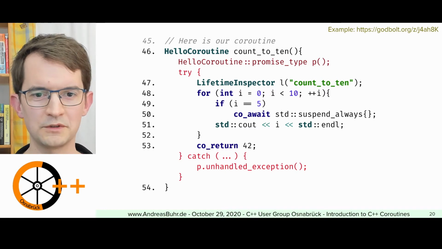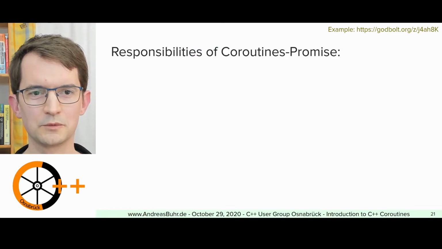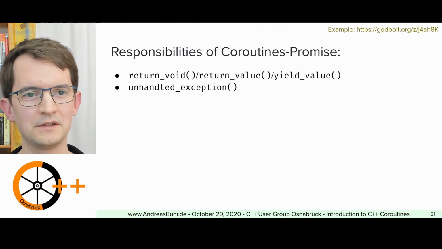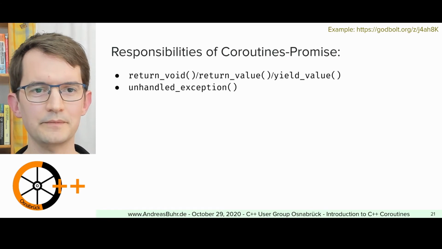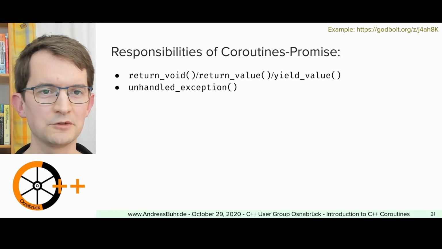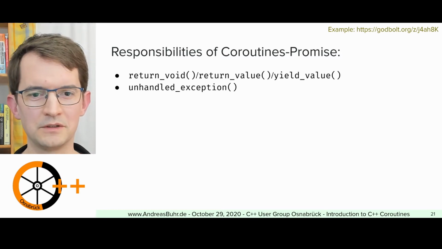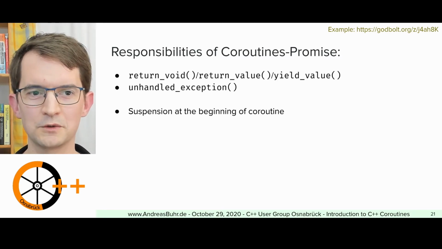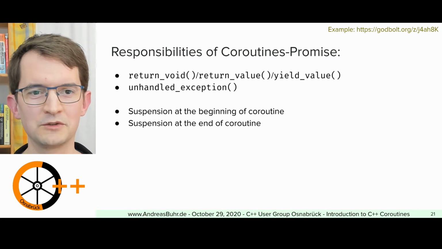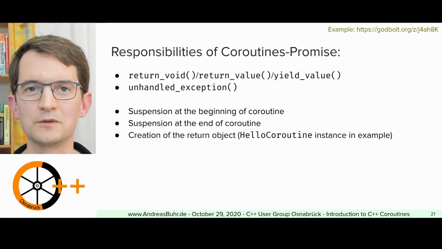But the coroutine promise has a lot more responsibilities. So what we have seen here is return_void, return_value, or yield_value for yielding something, and unhandled_exception. But the coroutine promise does much more. Maybe it should have been called the coroutine control everything object, because it also cares about suspension at the beginning of the coroutine, suspension at the end of the coroutine, and creation of the return object.